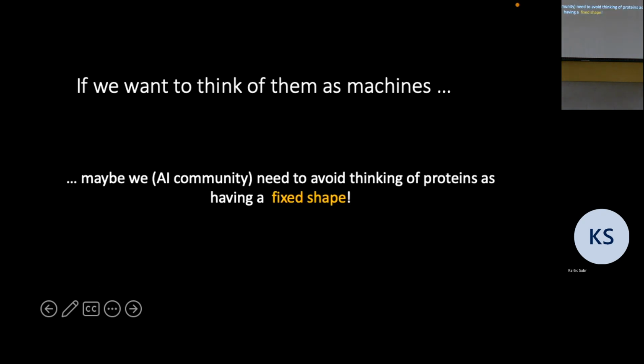So basically I think we need to start thinking of them as machines, not as static structures. There's a lot of scope if you do this. On the physics side, right now, if you run a molecular dynamics or a quantum simulation, you could be stuck there for months to get dynamics for one of those. On the learning side, doing everything data-driven is not going to work. You will need too much data for these kinds of dynamics.